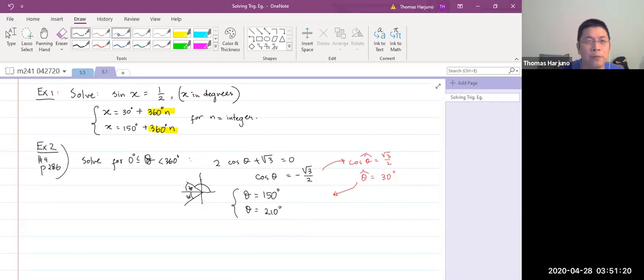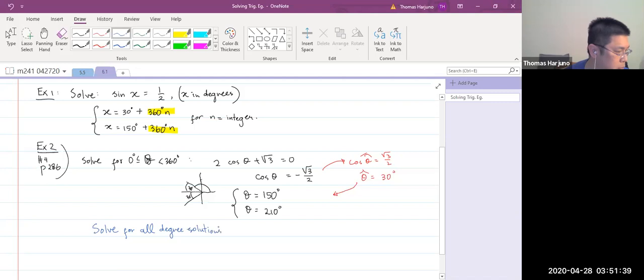But if I modify the question a bit and I say solve for all degree solutions of 2 cosine theta plus radical 3 equals 0.